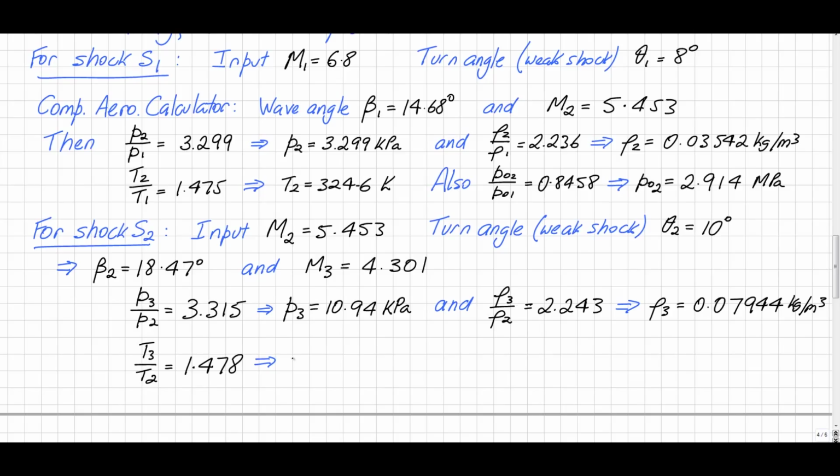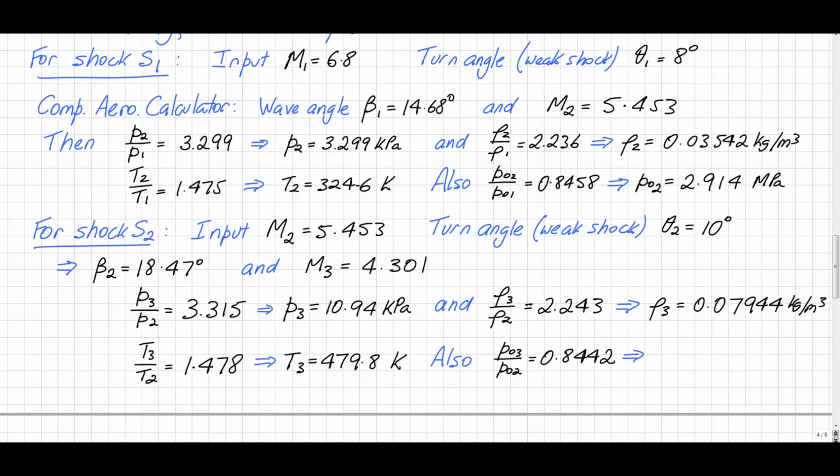So that will give us our T3 is 1.478 times T2, which was 324.6, giving us 479.8 Kelvin. And finally, across this shock wave, the ratio of stagnation pressures is 0.8442.